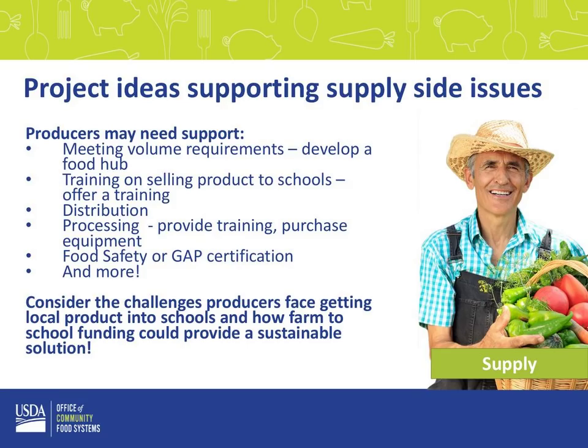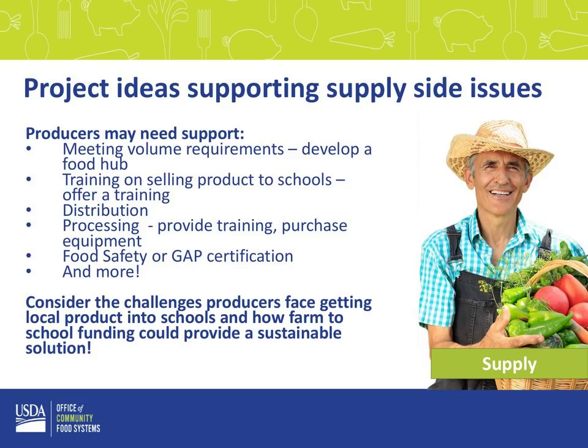So what are some of the challenges for those folks in terms of getting their product into schools? You might be thinking about how agricultural producers sometimes have issues with meeting volume requirements. Certain districts need a larger amount of food than can be provided by a single producer.